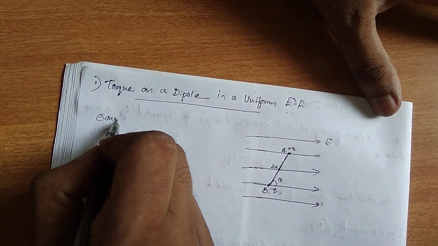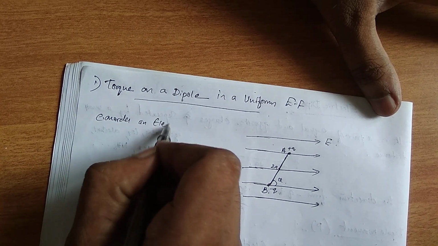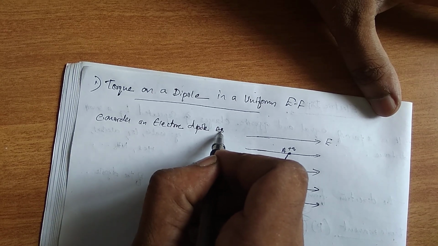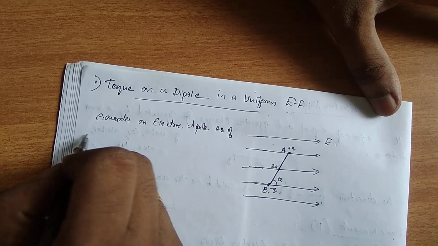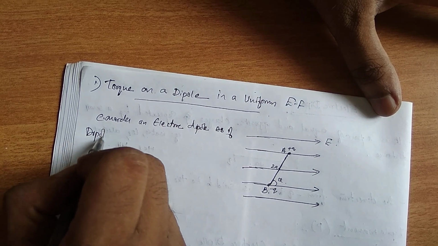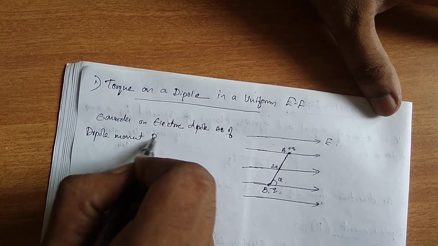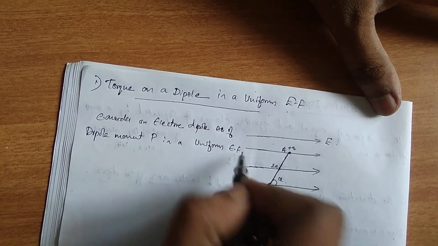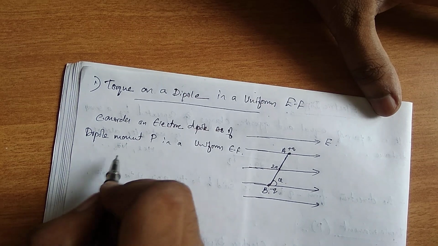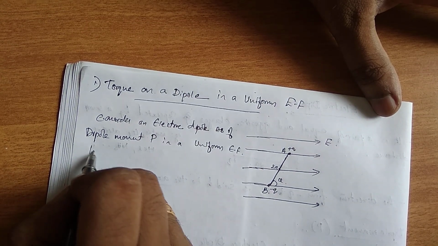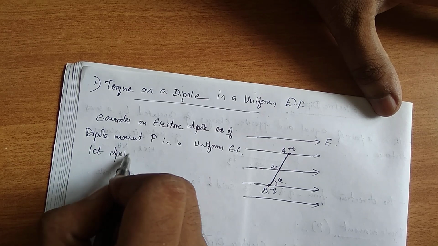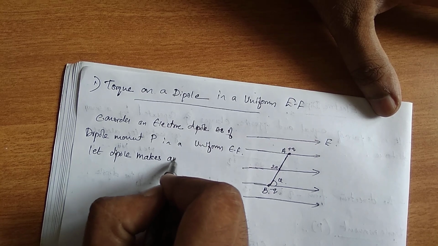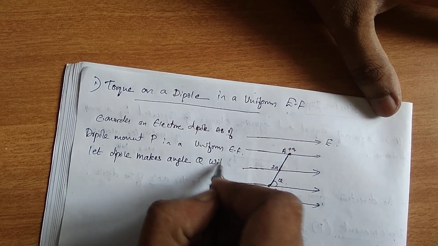Then consider an electric dipole AB of dipole moment P in a uniform electric field. Let the dipole make angle theta with the electric field.